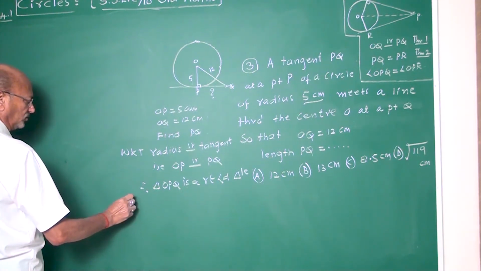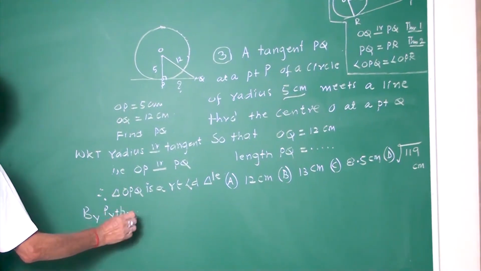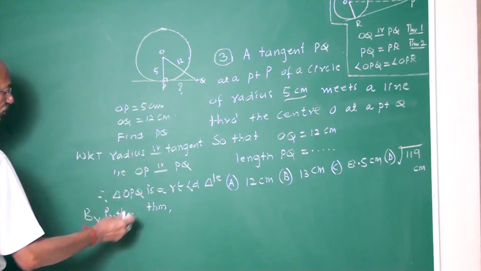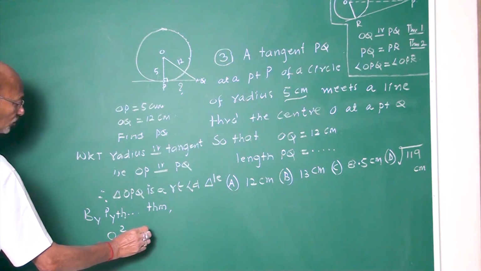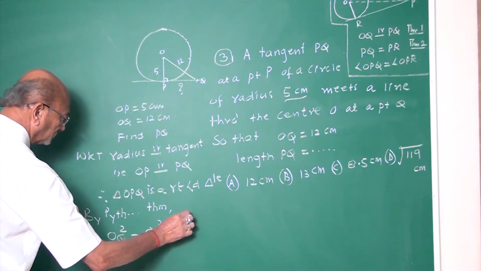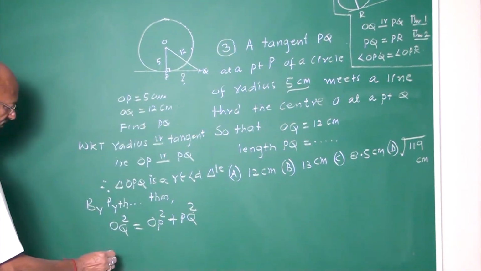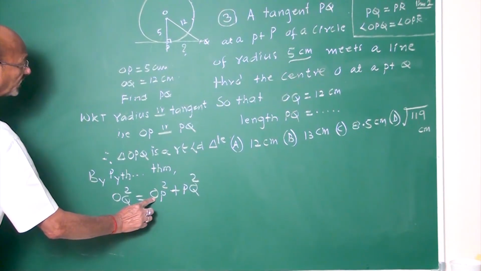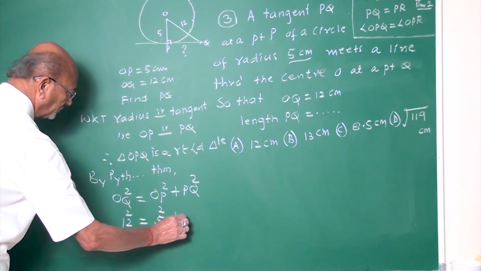Then by Pythagoras theorem, OQ square equal to OP square plus PQ square. What is OQ? 12. 12 square equal to OP square. What is OP? 5. 5 square plus PQ square.